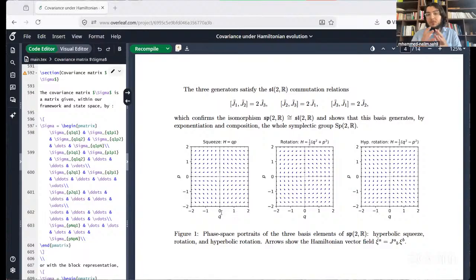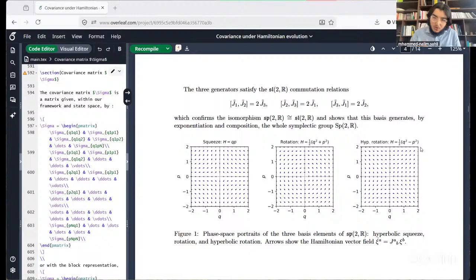So if we have some uncertainty on the phase space, the uncertainty of P is going to be rotated to be the one for Q, and the one for Q is going to be changed to be the one for P. So it's going to change that way. And if we have the hyperbolic rotation, or the boost, we can see that we have some kind of diagonal here.